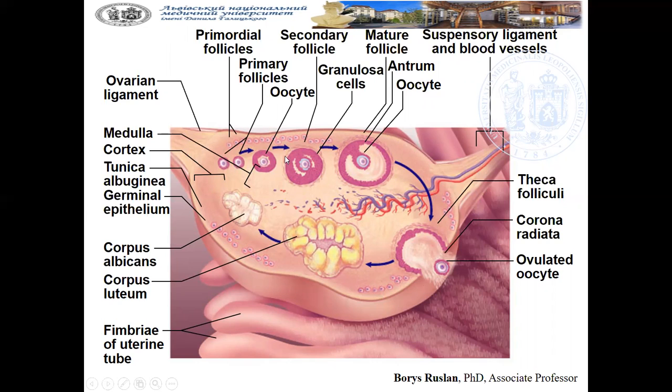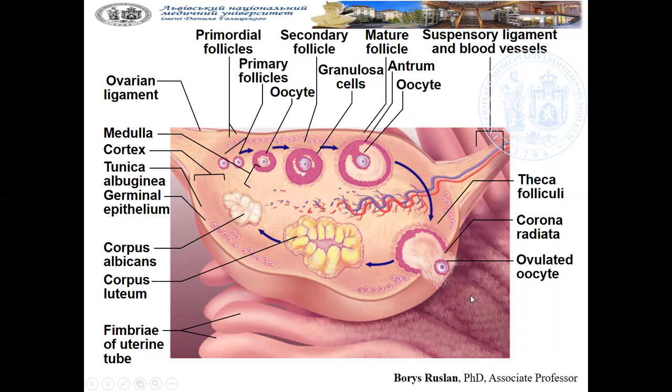So this is the progress of the ova. It's ovulation, and the ova goes into the fallopian tubes, goes toward the uterus, and in the fallopian tubes fertilization happens.